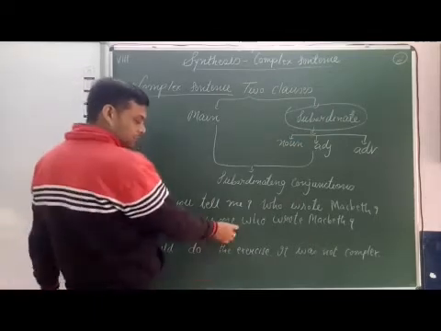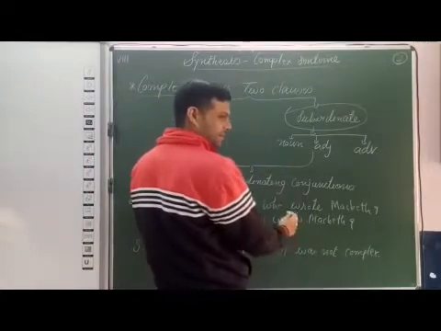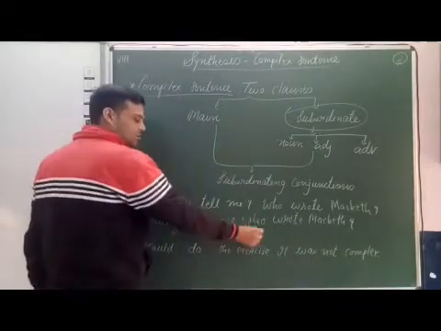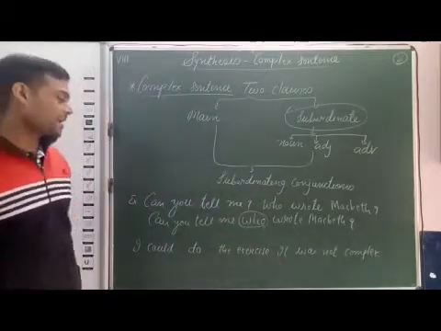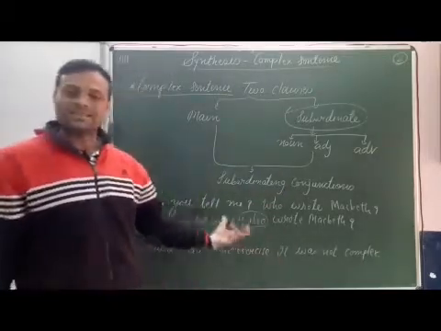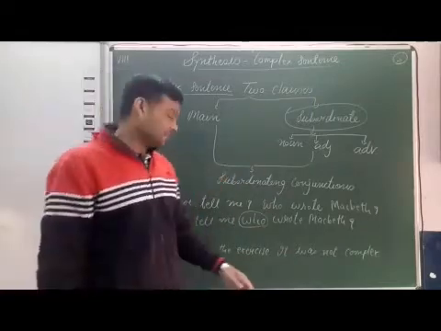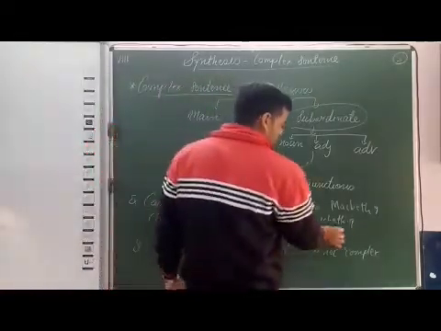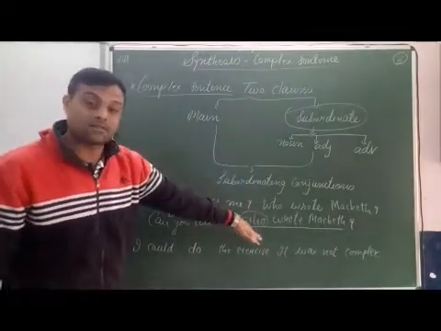Here, "Can you tell me" is one clause, "Who wrote Macbeth?" is another clause. And these two clauses are joined with the relative pronoun or subordinating conjunction "who". So this sentence is a complex sentence. This is our subordinate clause, "who wrote Macbeth", and this is the object.